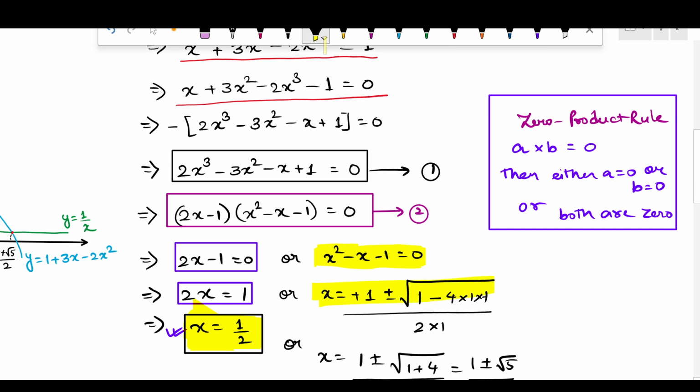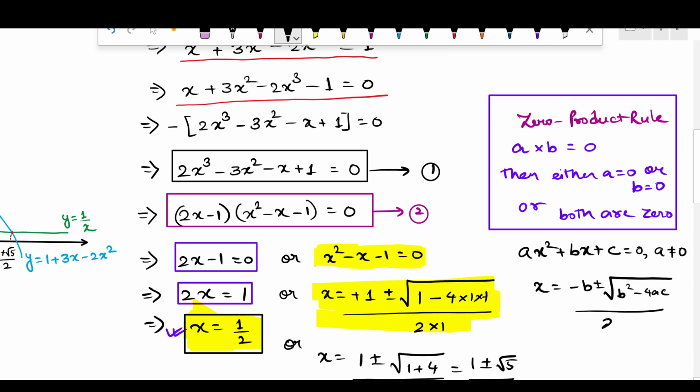So we get from here by using the formula. Which formula? If we have a quadratic equation ax² + bx + c = 0, where a is not equal to 0, then the value of x can be determined by x = (-b ± √(b² - 4ac))/2a. We have used this formula over here.